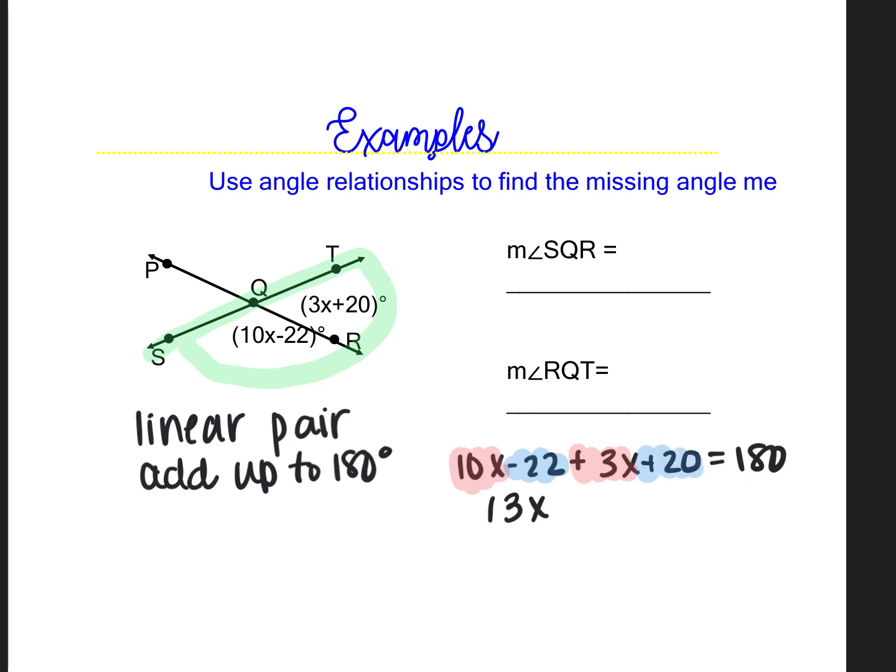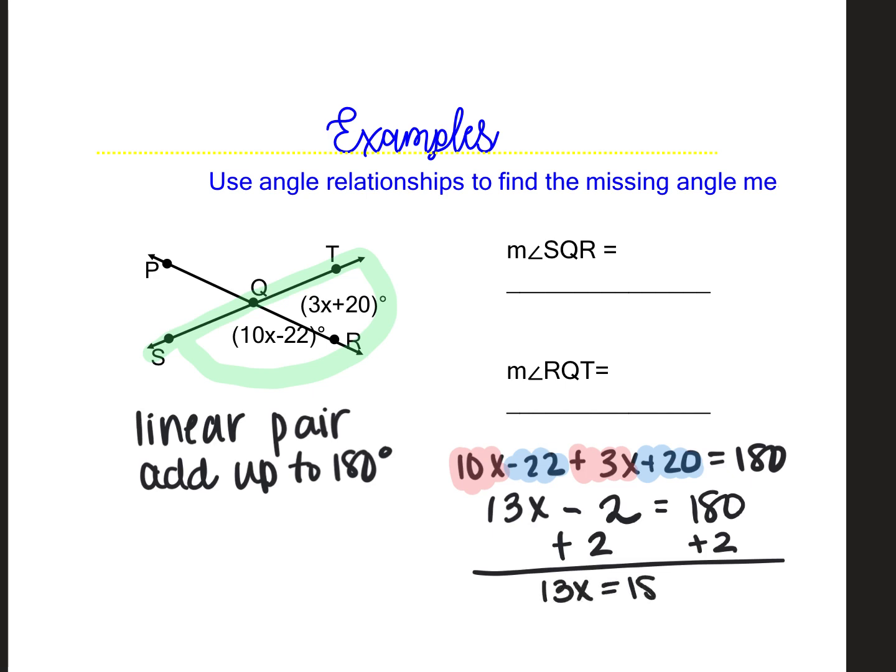Negative 22 plus 20 is minus 2. Add 2 to both sides. When you divide by 13, x equals 14. This time it wants me to plug it back in.